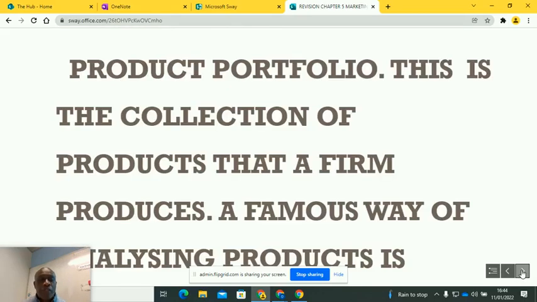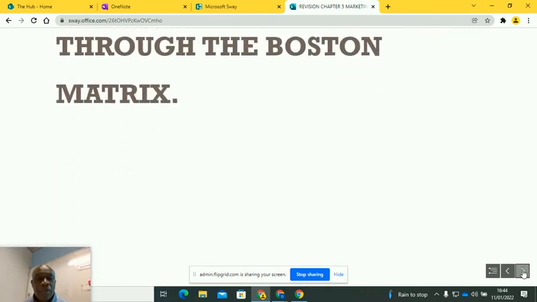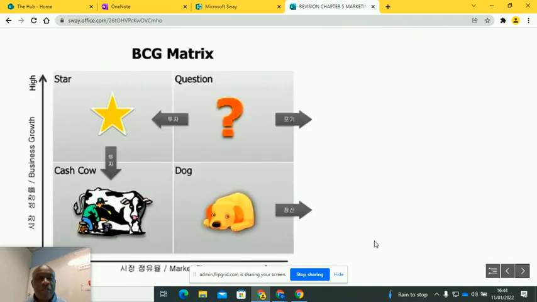Another thing we need to also know about is product portfolio. This is a collection of products that a firm produces. A famous way of analyzing the product is through the Boston matrix. And then you have an example. Remember all these examples. For example, star will be high market growth and high market share.